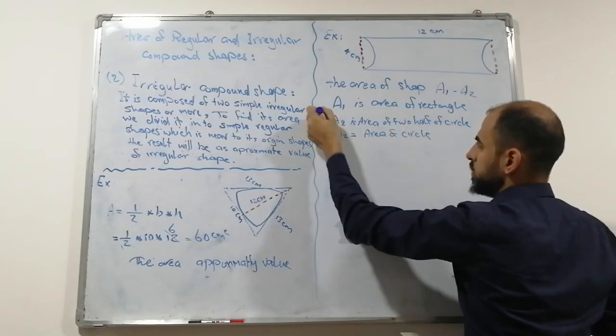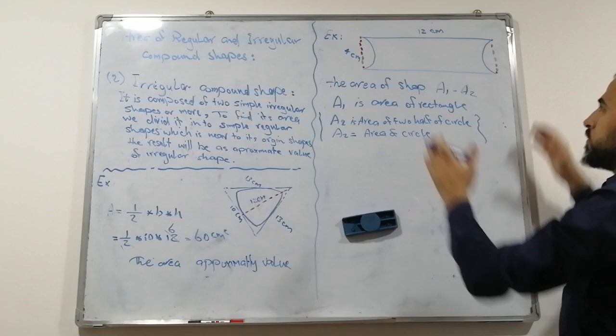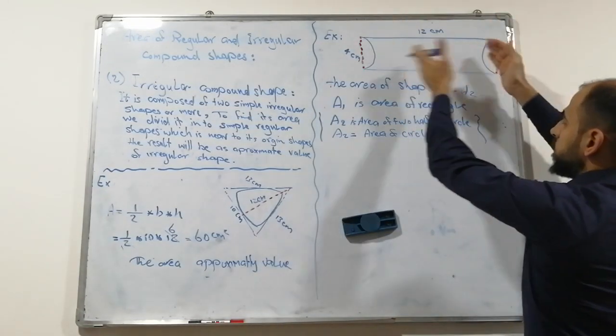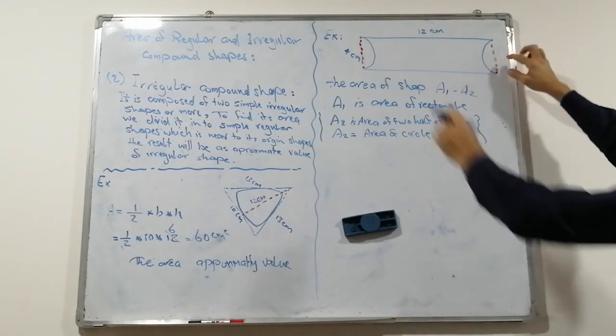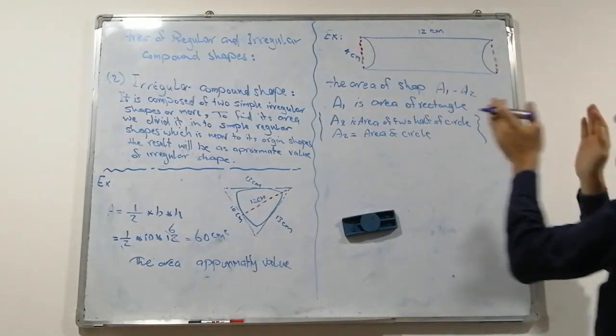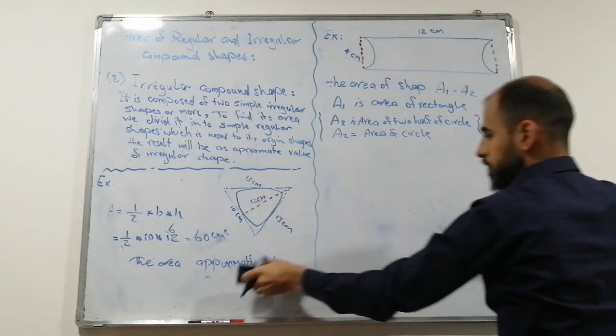That's meaning the A2. Okay? Why? Because the whole area is the area of rectangle minus half of area of circle and half of area of circle. These two halves are equal to the area of one circle.